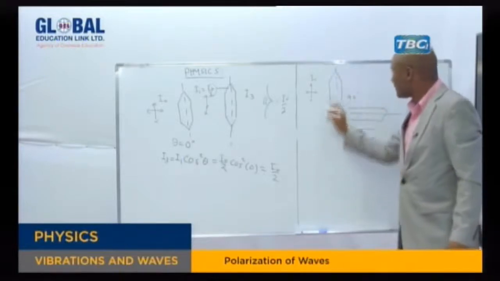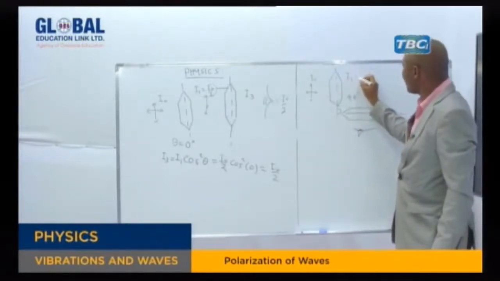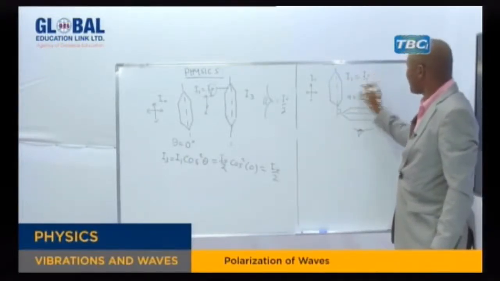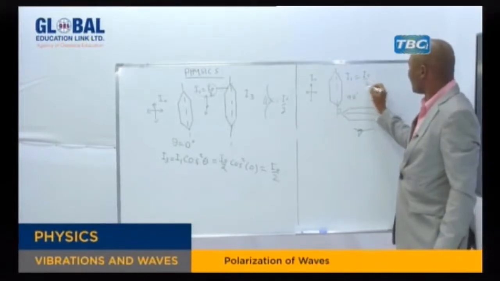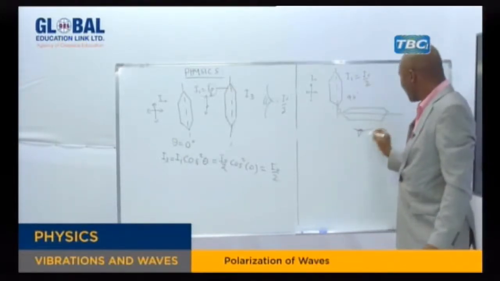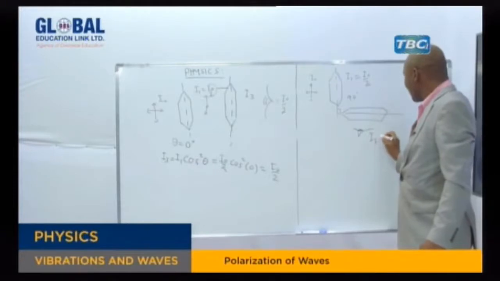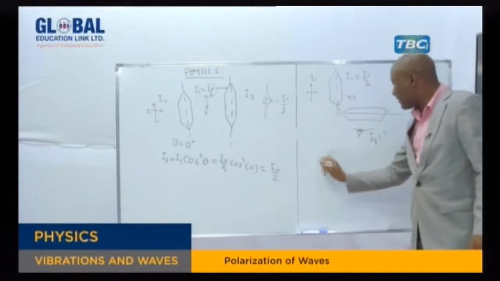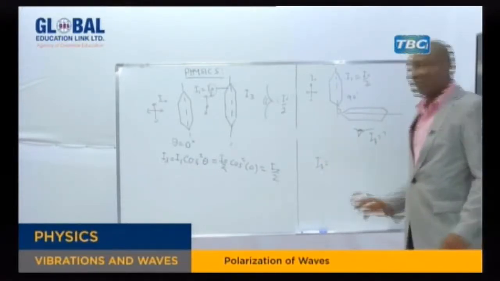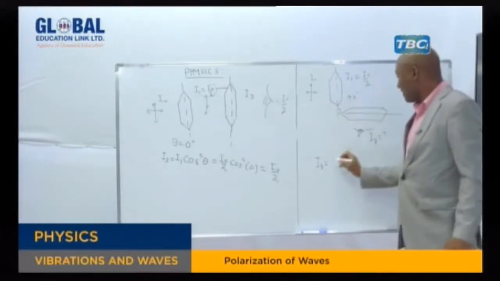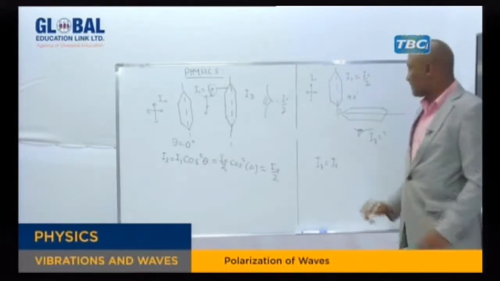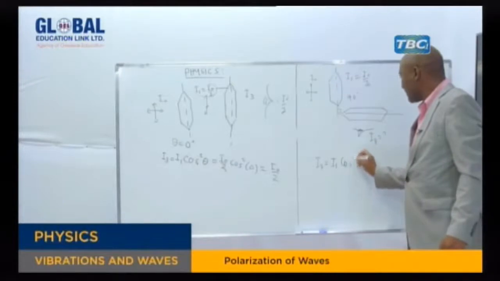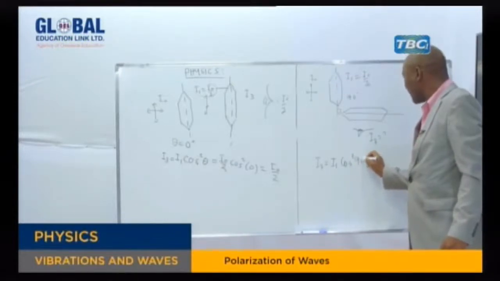So using the formula, let's take this is I1. We know this is I naught over 2. One of the components has been absorbed. How much will be transmitted here? This is I3. So I3 equals our I1 cosine squared of the angle, which is 90.